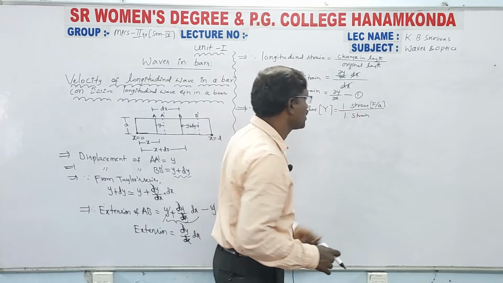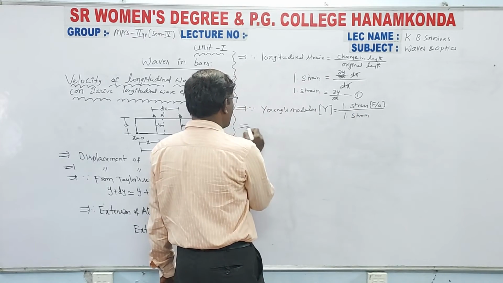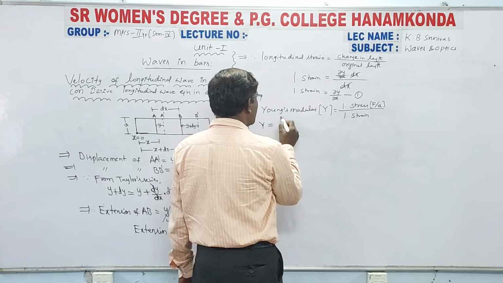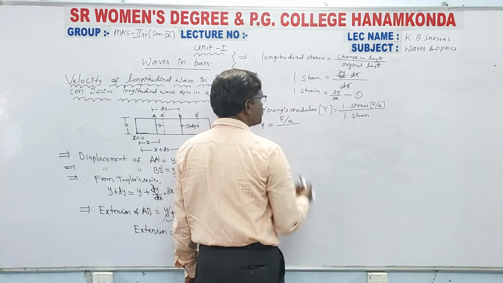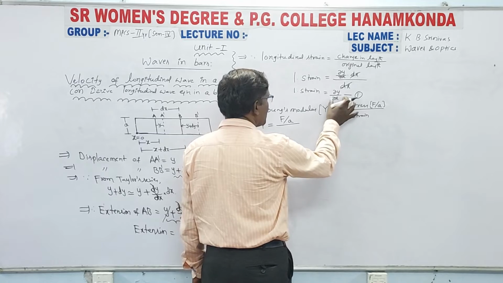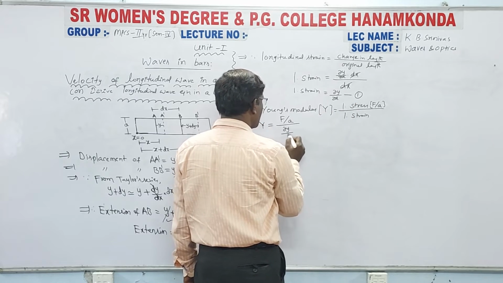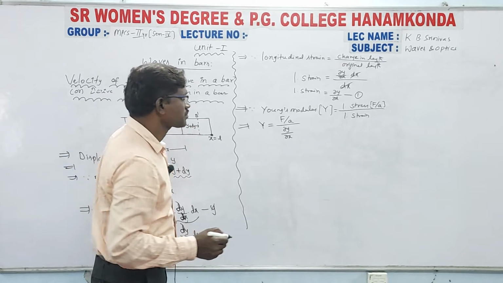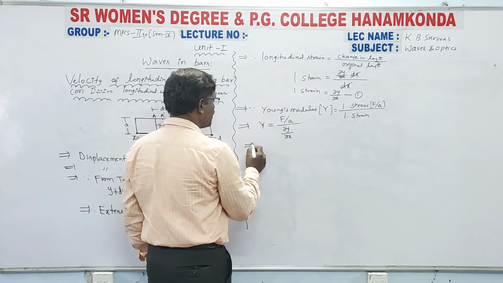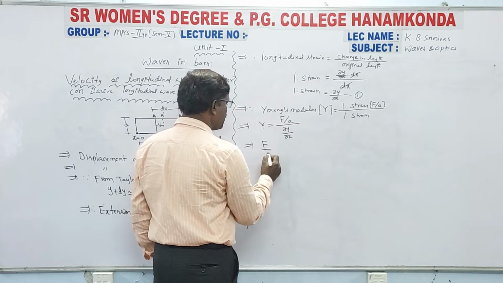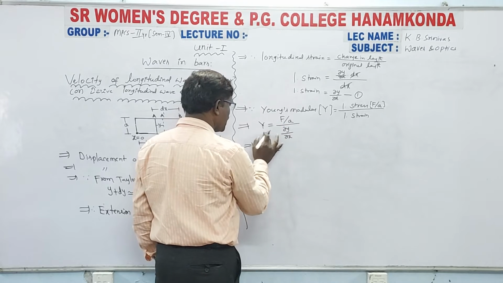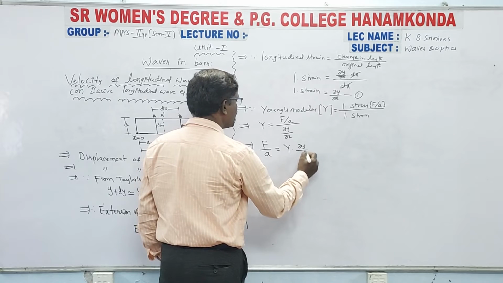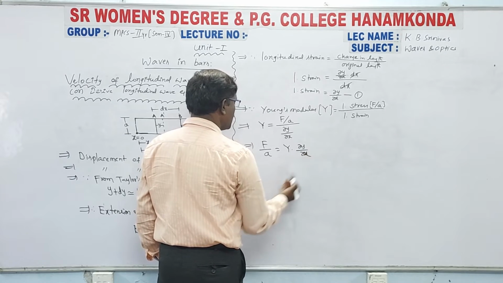Stress only, right. So, the next step will be Young's modulus Y is equal to the numerator, which I am writing as stress F by A. What about strain? Already I have calculated ∂y/∂x. So, after cross multiplication, F by A is equal to Y into ∂y/∂x.